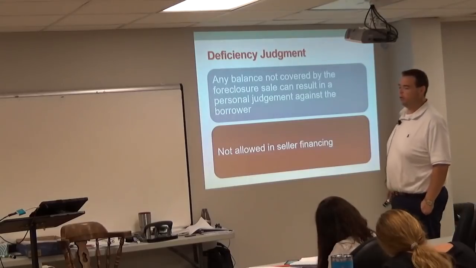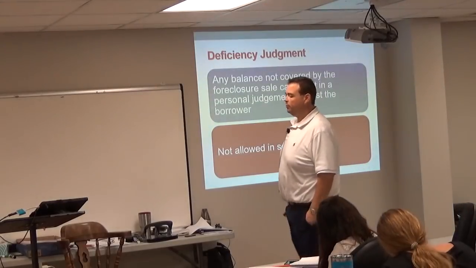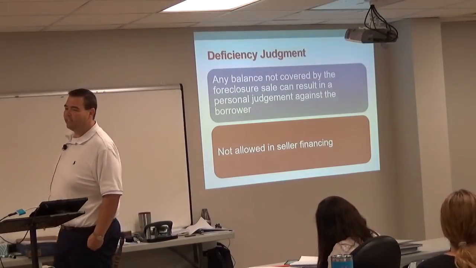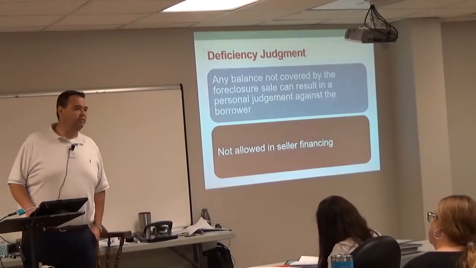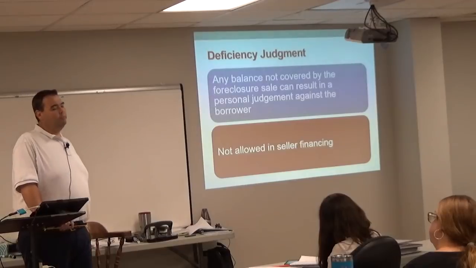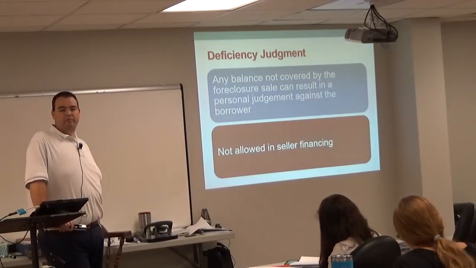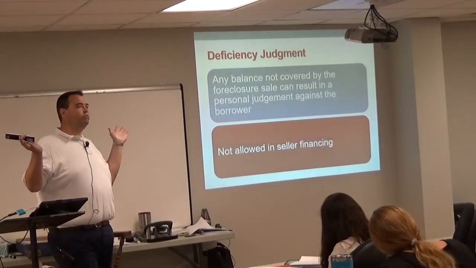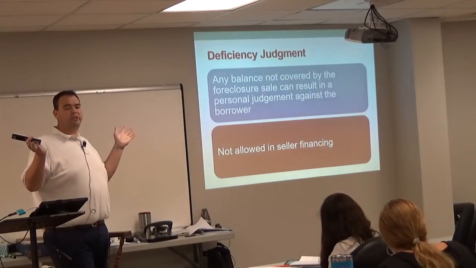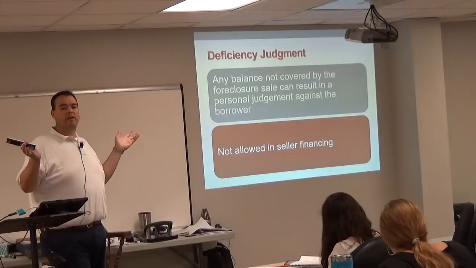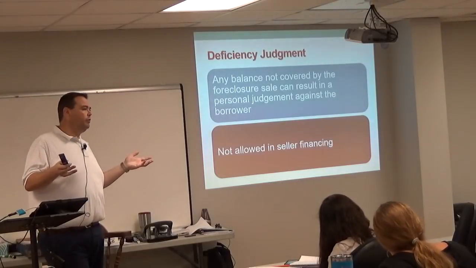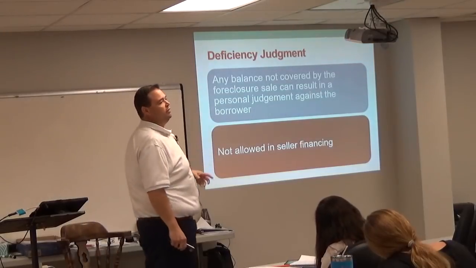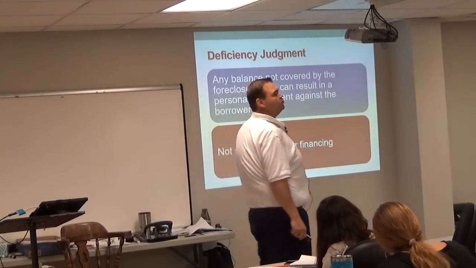So here's what happened. We go through the foreclosure process. The property gets sold, and there's not enough money to cover the outstanding mortgage loan debt. So the lender does not cut their losses and go, oh well, we lost. They sue you. They sue the borrower for whatever the deficiency is. If the property was sold for $20,000 less than what was owed, they sue the borrower for $20,000.